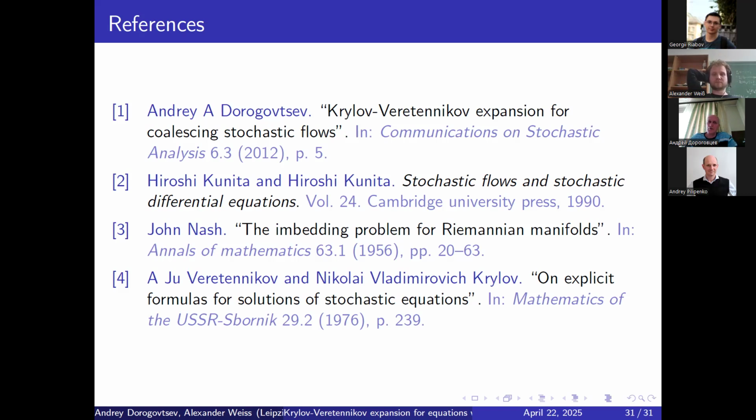And even for Brownian motion itself on Carnot group, it will be good to consider the Krylov-Veretennikov expansion, compare it with the Cheng-Ritchie formula, and see what happens. By the way, I remember that you got the Cheng-Ritchie formula for equations with interaction. Am I right? On our end, yeah. Okay, so it will be good to compare it with it because they are very close.